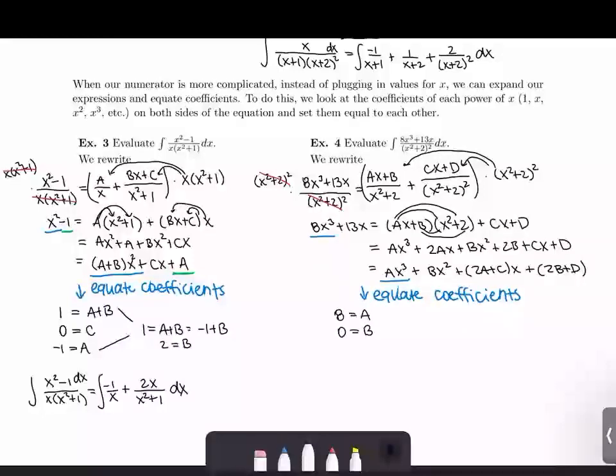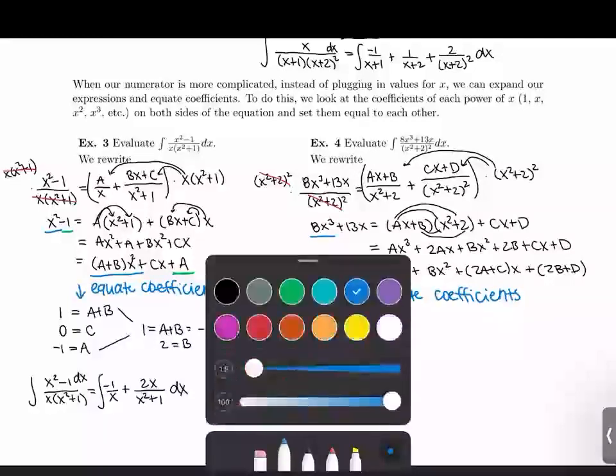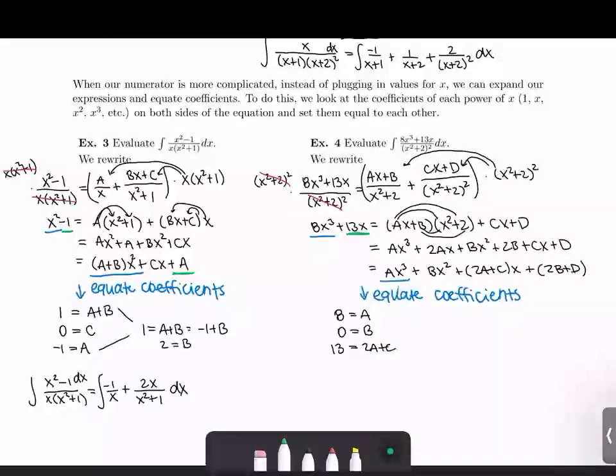So there are 13 x's on our left-hand side and 2a plus c x's on our right-hand side. I'm going to go ahead and underline those. And last, we look at our constant terms. So there's no constants on our left-hand side and 2b plus d on our right-hand side.